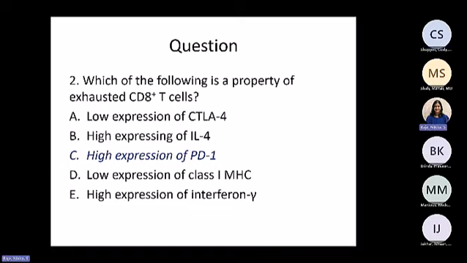Yeah. So it's almost like, if there is a drug that prevents the PD1 from binding to its ligand, then those CD8 T cells are going to continue to stay active for a longer time. And then they are going to fight those tumor cells for a longer time as well.